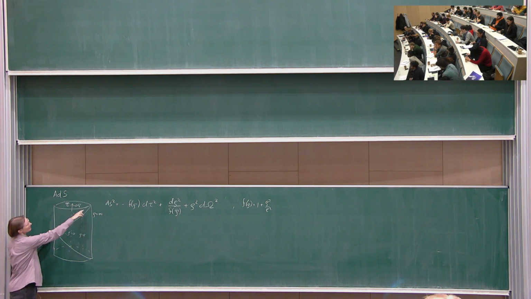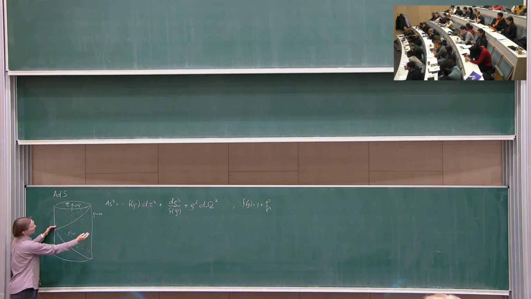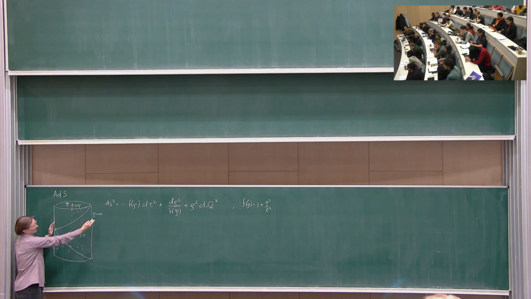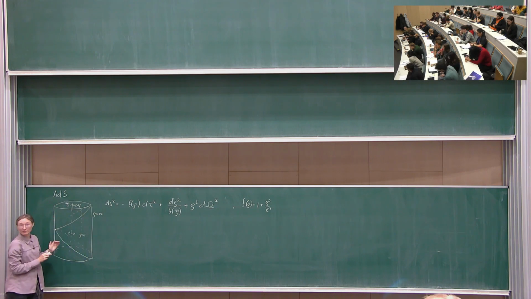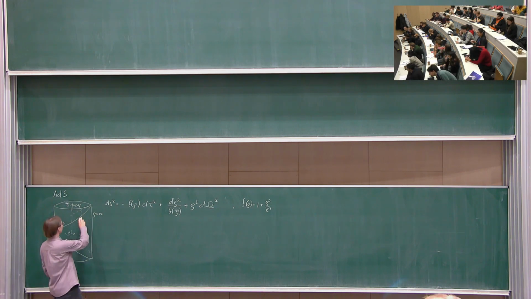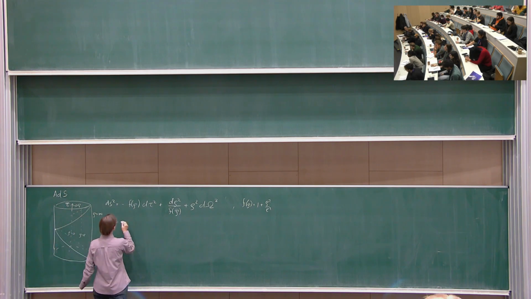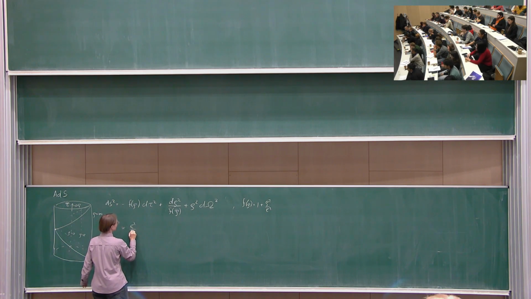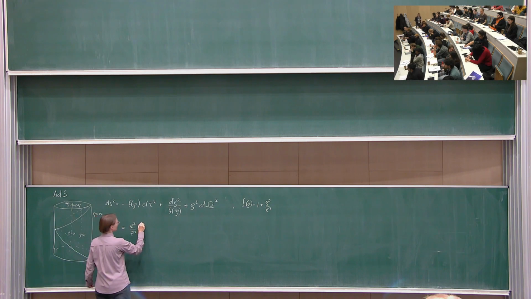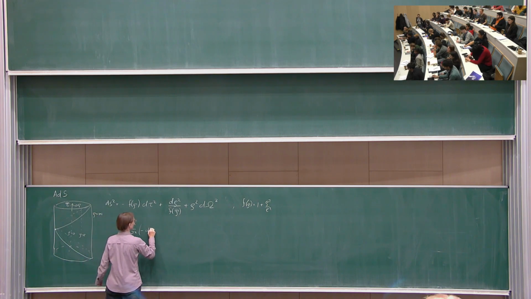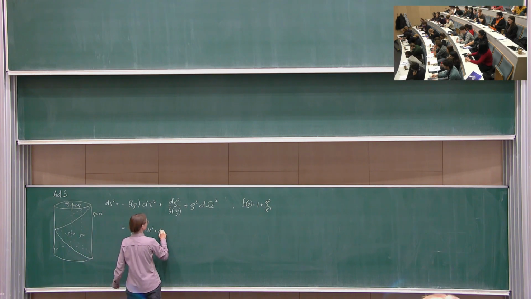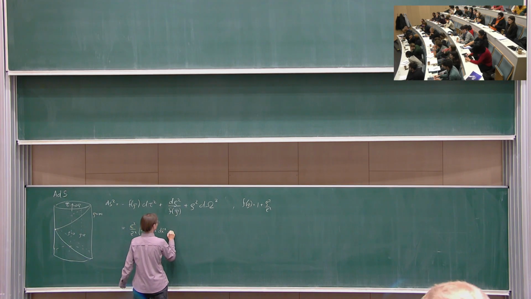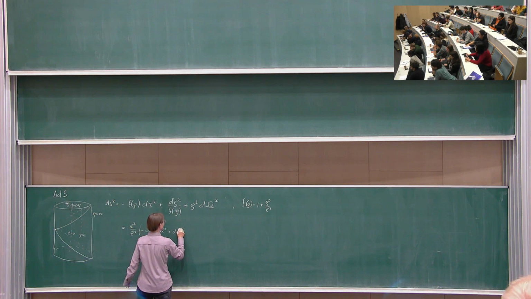And if you do that, this patch limits to a flat boundary metric. So the Poincare patch gives you the Poincare metric that looks like, I use the z coordinate, L squared over z squared, again with the same length, times minus dt squared plus dx squared plus dz squared.